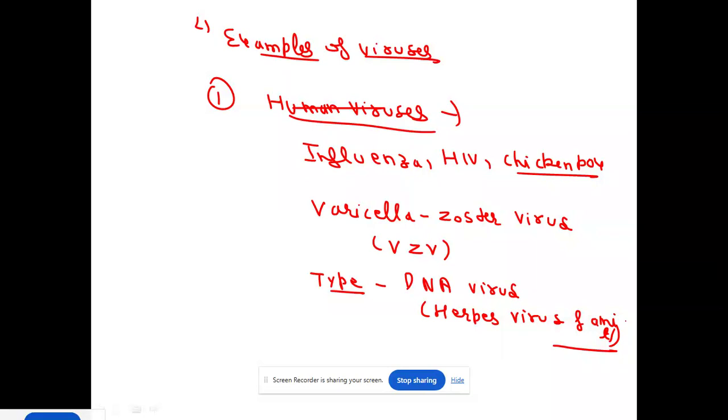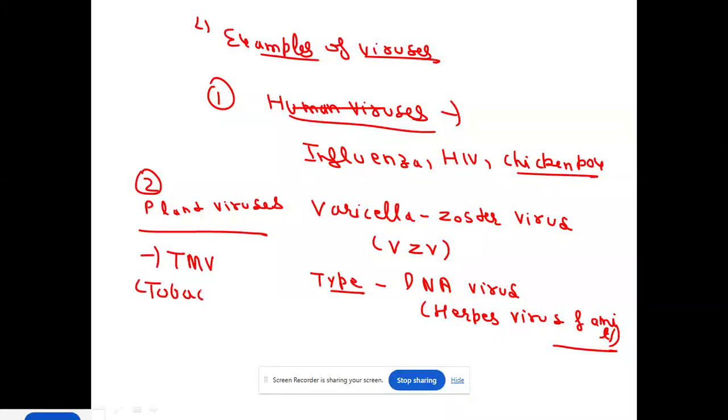So next we will discuss plant viruses. Number two heading. See, the host for the virus can be human, it can be a plant, it can be a bacteria. So I am discussing plant viruses. Examples are TMV. TMV is tobacco mosaic virus.